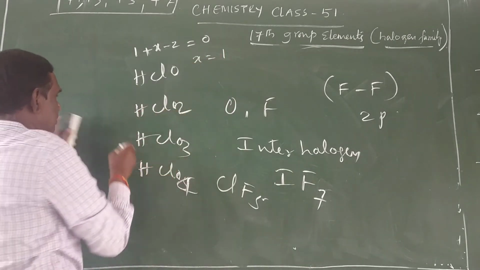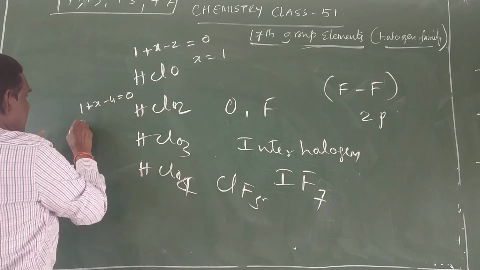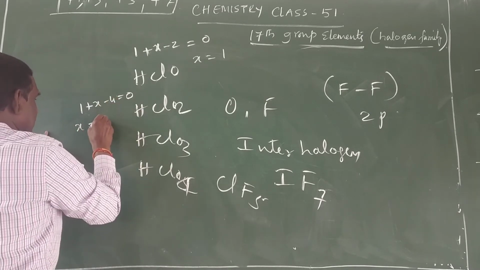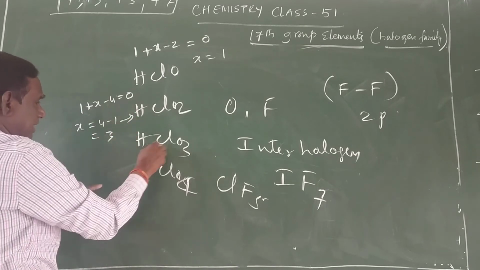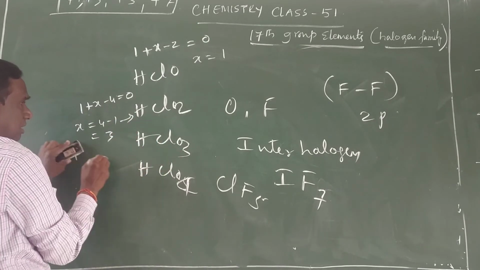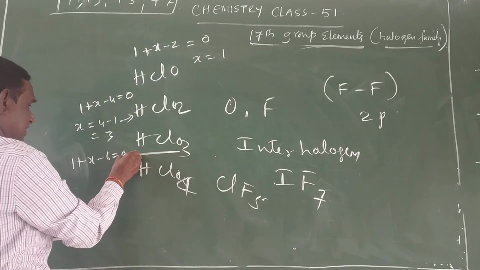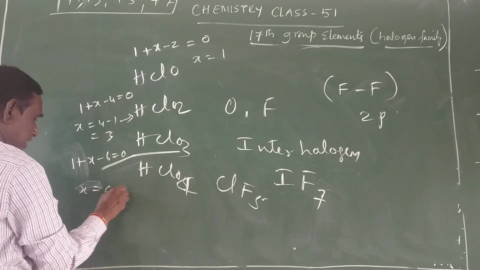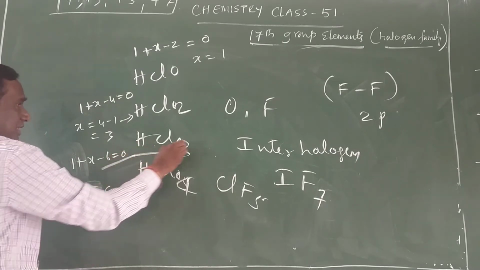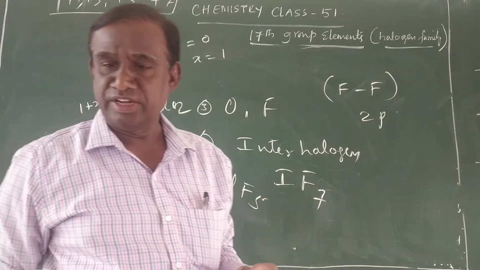But here, 1 plus x minus 4 is equal to 0, so x is 4 minus 1, which is 3. And here, 1 plus x minus 6 is equal to 0, so x is 6 minus 1, which is 5. Like this, the oxidation state varies.